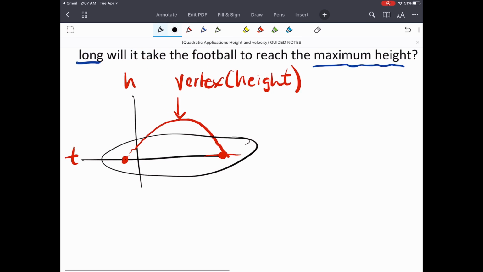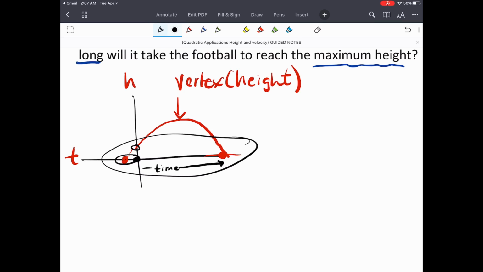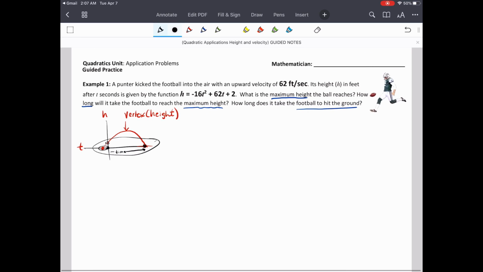If we can figure out what those roots are, that will represent the time. Now, obviously, we're not going to count that as the time because we have to start at 0. But we're going to count the time from here to there that the ball was in the air. So the ball left the punter's foot at that point, and then it hit the ground right there. So one of the roots is going to tell us what the time is.